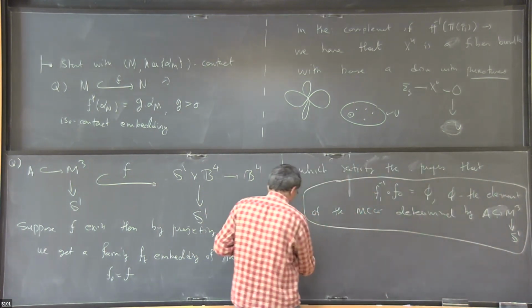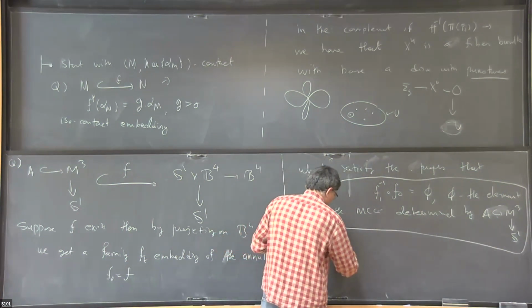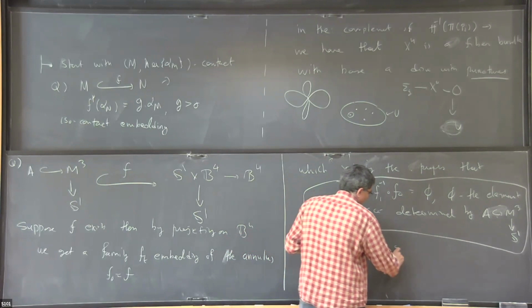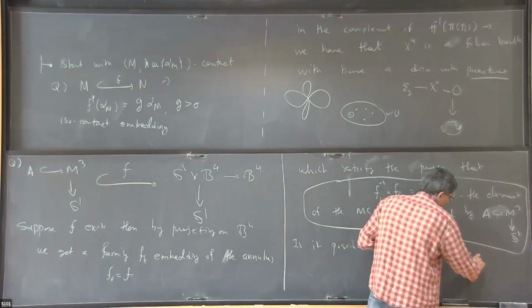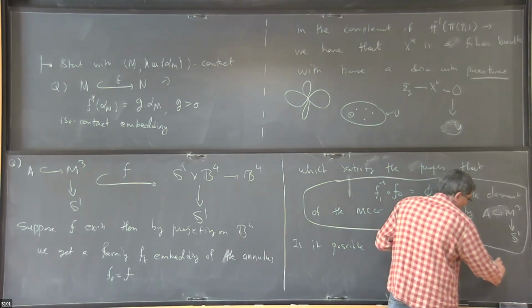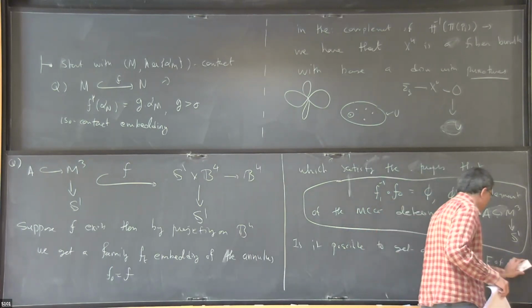So, is it possible to get an embedding capital F of A in B4? Let me just write this more precisely.